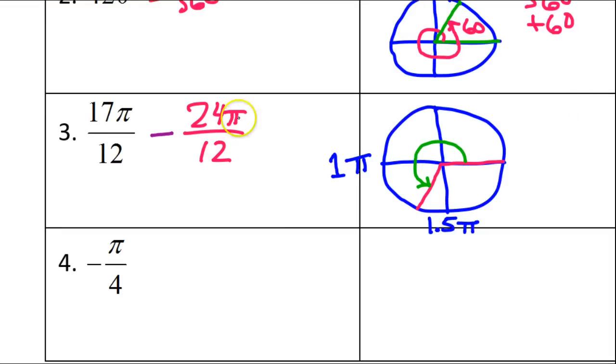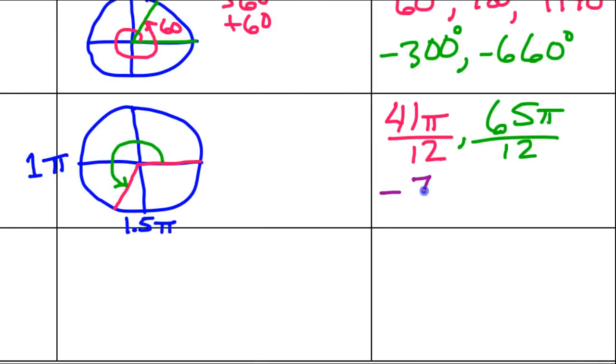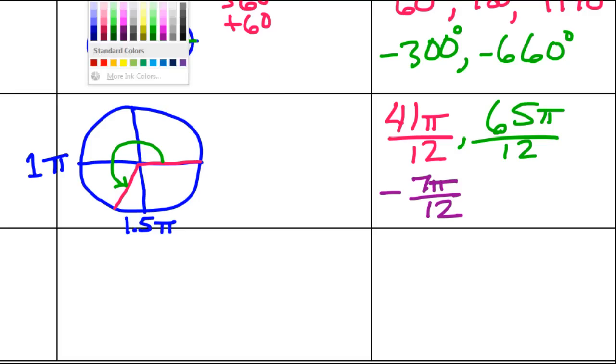So we're talking negative 7 pi over 12. Okay, so that is a negative coterminal angle. If I want another one, I need to subtract 2 pi again.